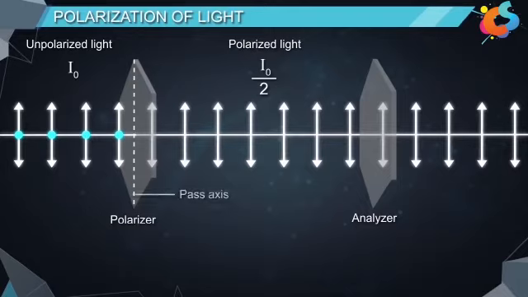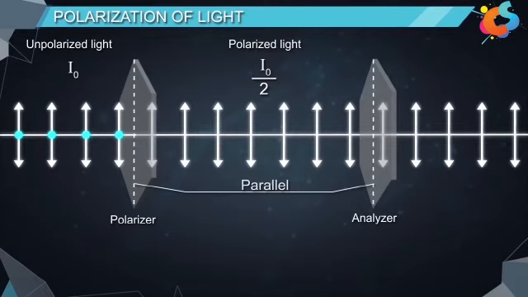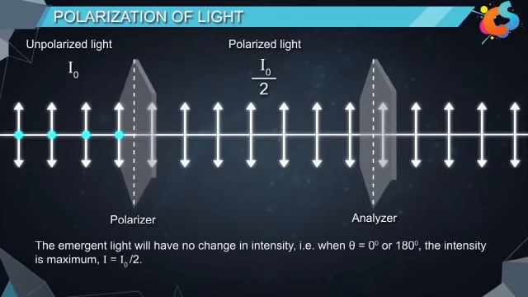If the pass axis of polarizer is parallel to the pass axis of analyzer, the emergent light will have no change in intensity. That is, when theta is equal to 0 degree or 180 degree, the intensity is maximum. That is, I is equal to I naught by 2. I naught is the maximum intensity.